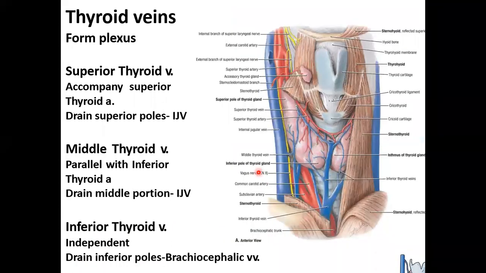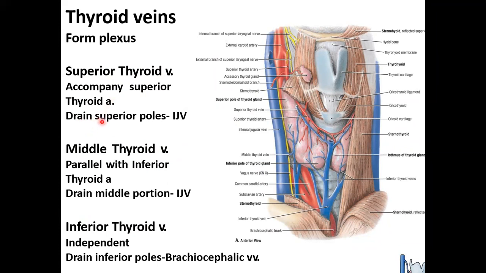Okay, now we're going to talk about veins, the veins that have to do with blood supply for your thyroid gland. So you have a superior thyroid vein and an inferior thyroid vein, but you also have a middle thyroid vein. The superior thyroid vein accompanies the superior thyroid artery. So again, two vessels, same area, so they get the same name.